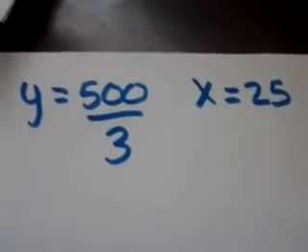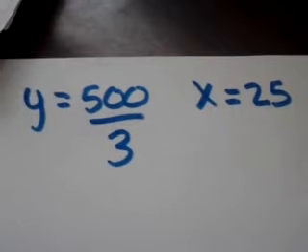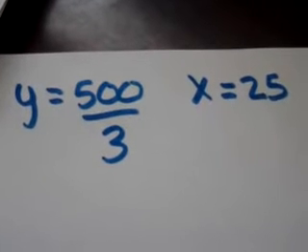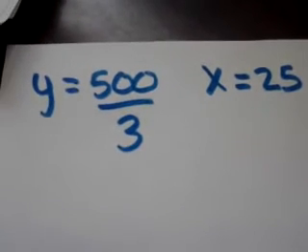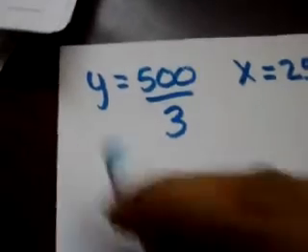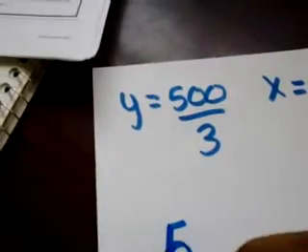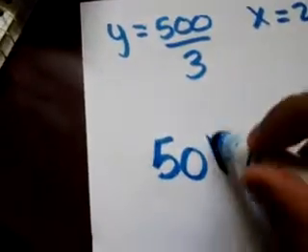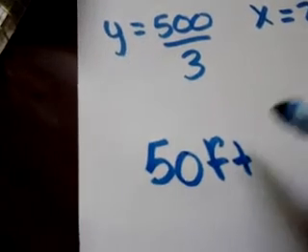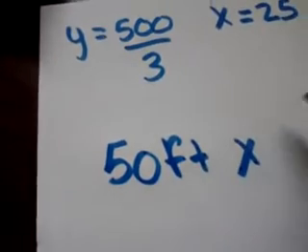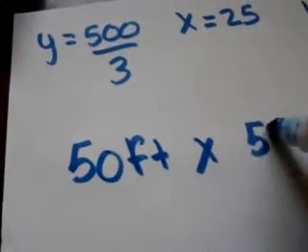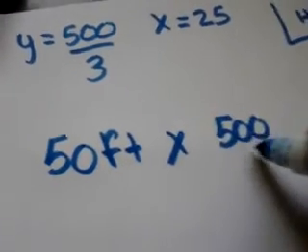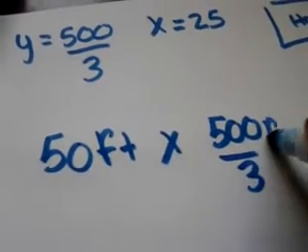Now that we have our y value and our x value, we will be able to write the answer in dimension. So it will be 50 feet by 500 over 3 feet.